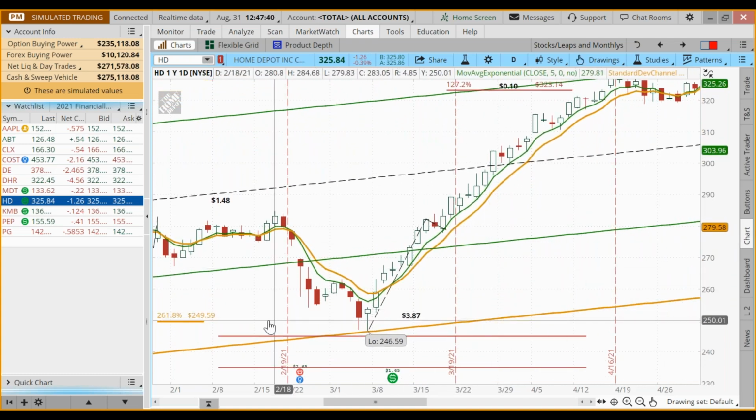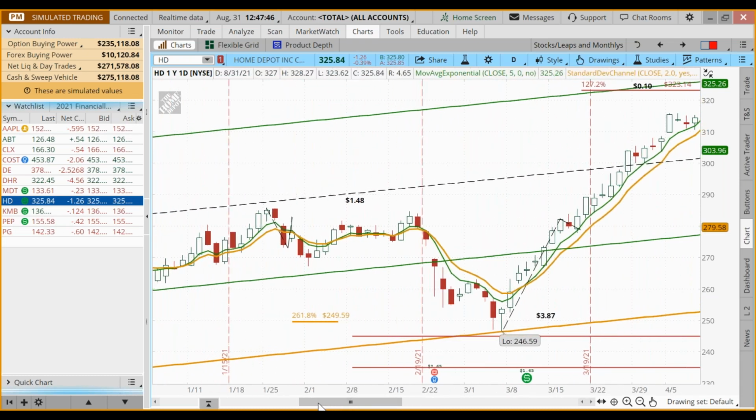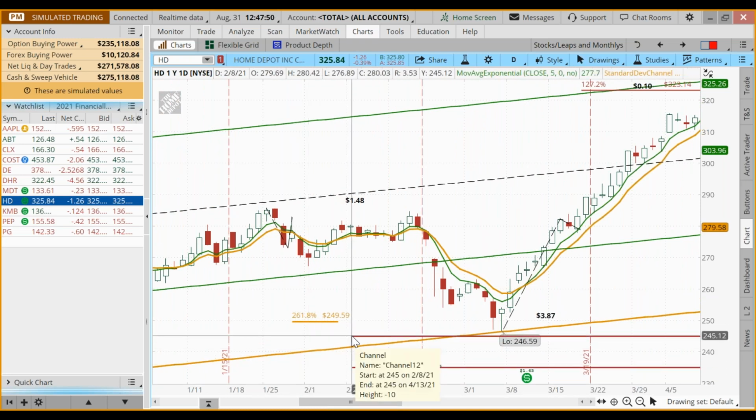Okay, actually, I want to come back over here a little bit. All right, so I entered this trade right here. Why did I enter that trade right there?